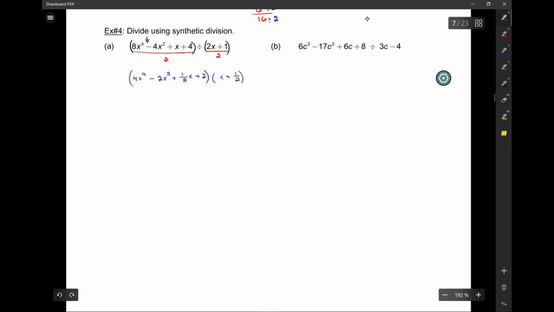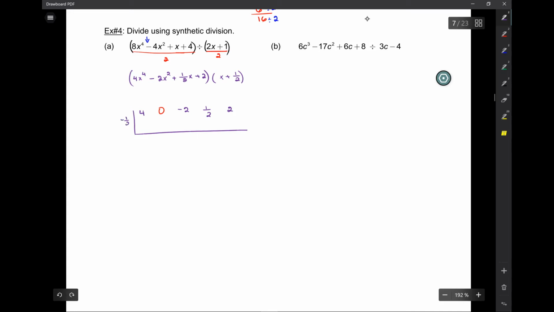Now we're going to make our little table. Here I have 4. And remember, I need to put in a 0 for the x cubed that I'm missing. Negative 2, a half, and 2. Let's see if the exponents are accounted for. x to the 4, 3, 2, 1, 0. Yes.